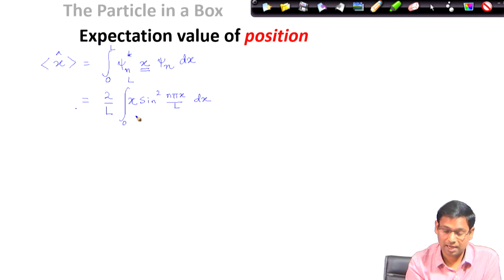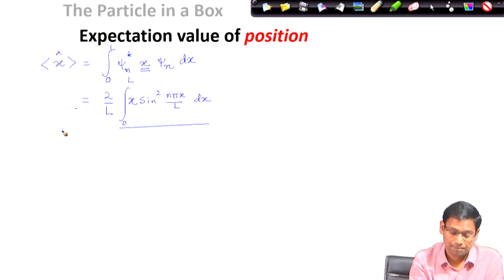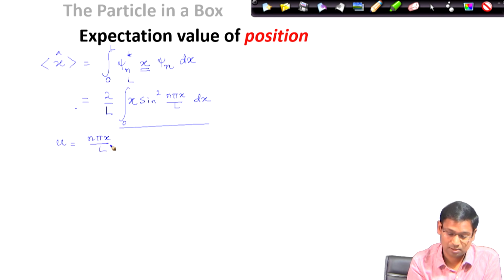Okay. So, I have to evaluate this integral. You can evaluate this integral in many other ways, but I will take one particular approach where I define a variable u as n pi x by L, such that du is n pi by L dx.